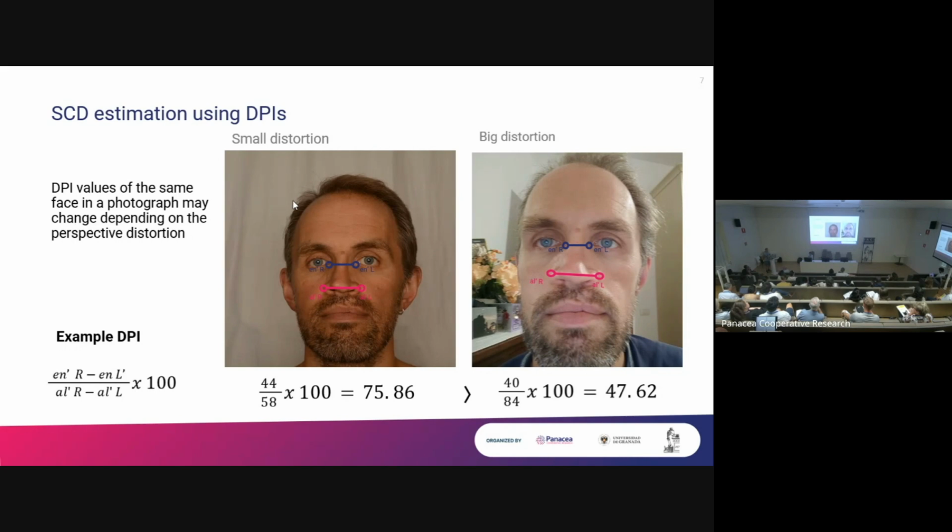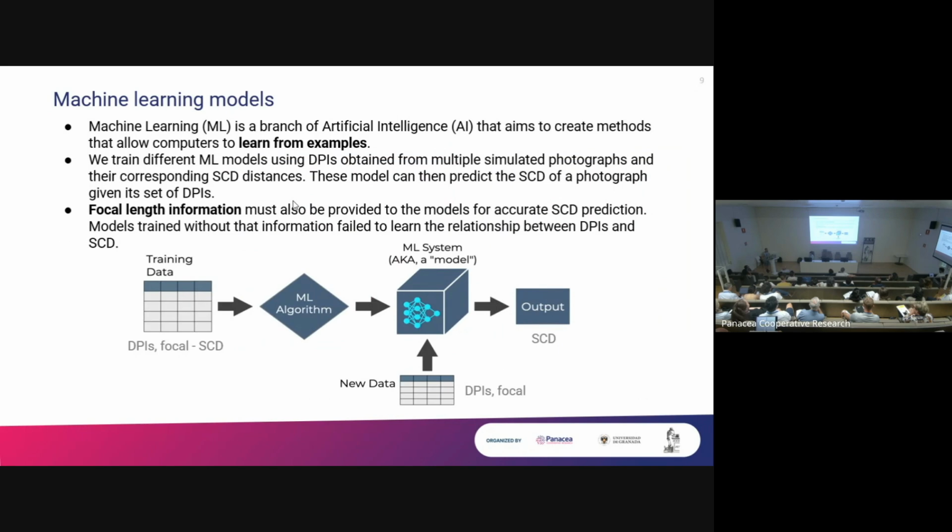That was the intuition behind the method. And of course, we want this to be an automatic method based on machine learning. So the idea is that we collect a lot of pictures, we place landmarks on them, we measure those DPIs, and then we hand them over to a machine learning algorithm to get a model that can predict the distance to the camera.